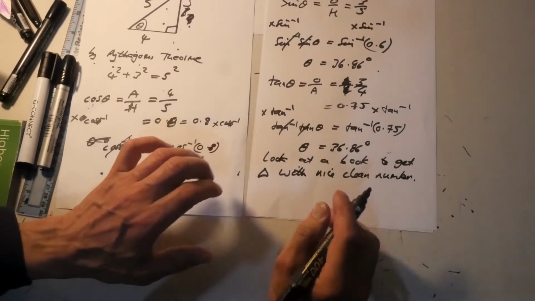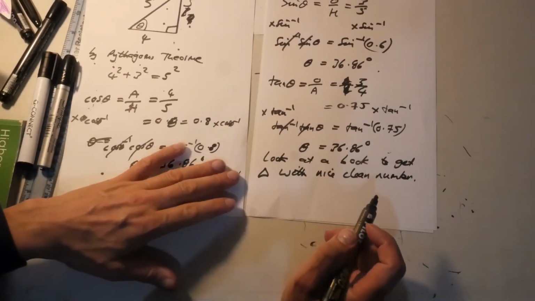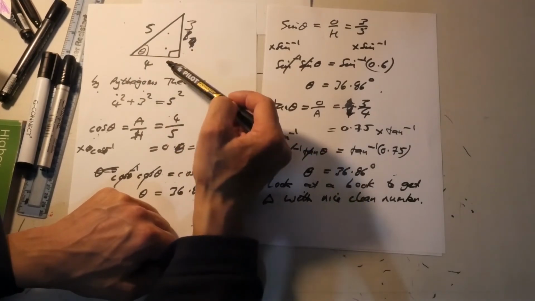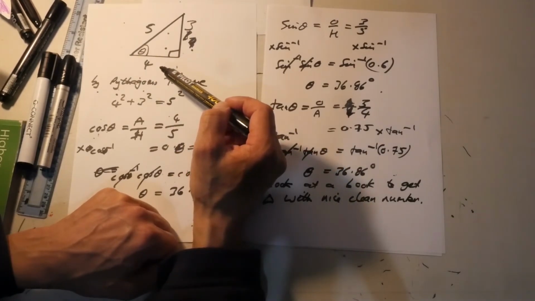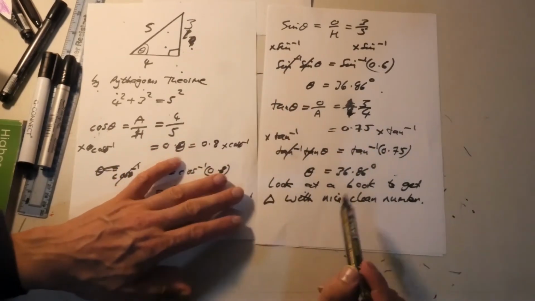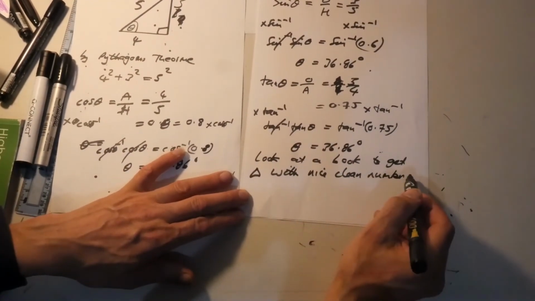Or one way of working it out, you could make up a length there and a length there, and then you could use, actually that doesn't always work, you don't know if it's going to be right angled. You're best just looking at the book to get a triangle with nice clean numbers, okay?